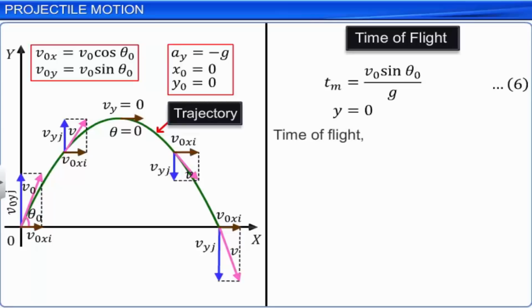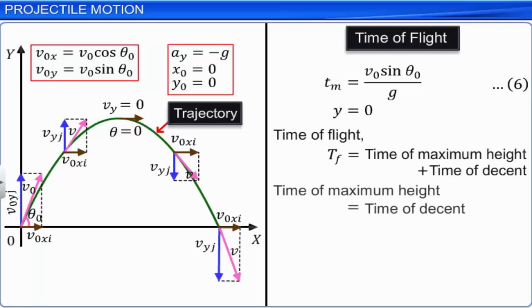By the symmetry of the path of the projectile, which is parabolic, the time of maximum height is equal to the time of descent. Therefore, Tf is equal to 2Tm. On substitution, we get Tf is equal to 2v0 sin θ0 by g. Let this be equation 7.